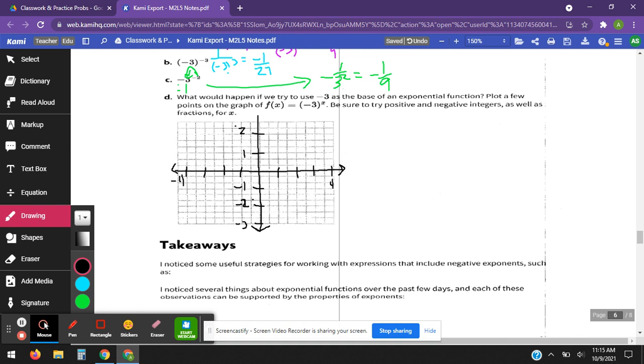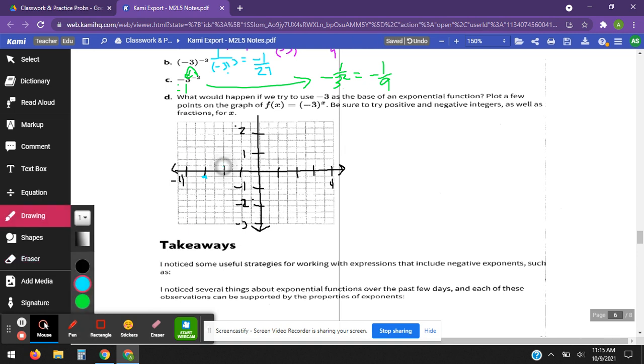So if I threw in a -1, so -3 to the -1 power, we said was -1/3 for my answer. But then if I do -3 to the -2, it was a positive 1/9. Oh, wait, that's too high.